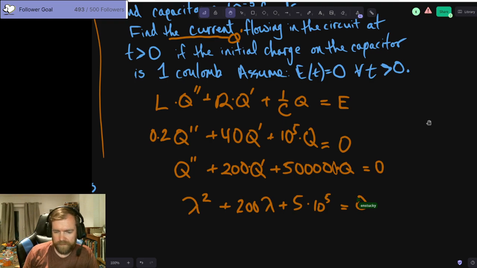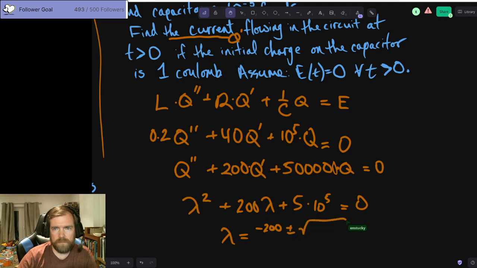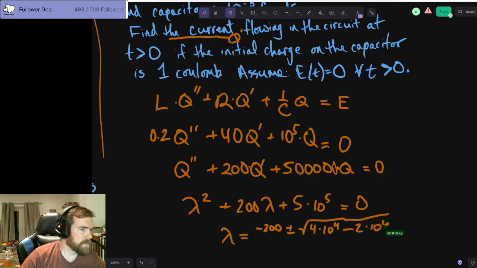So that gives us, let's see here, negative 200, and then gosh, 200 squared is 40,000. I'll take it. And then it'd be 2 times 10 to the 6th is 4 times 5 times 10 to the 5th.